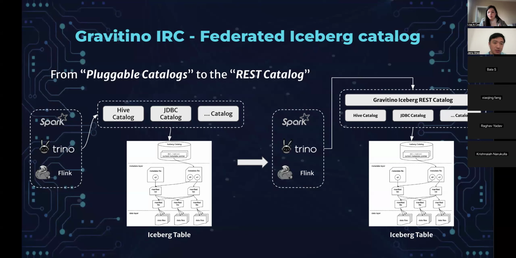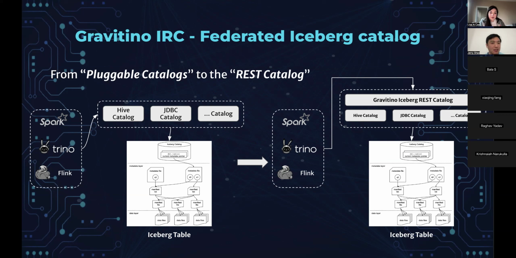As you can see here are two charts. One is the currently existing Iceberg catalogs, because the Iceberg community built a pluggable catalog interface. So there are multiple implementations, and you can use the Hive implementation, which is backed by the Hive Metastore, or you can use the JDBC catalog, which is backed by a JDBC database, and also the Glue catalog, Dynamo catalog, Hadoop catalog, something like this.